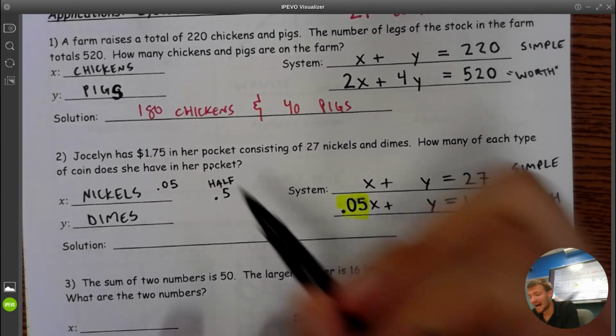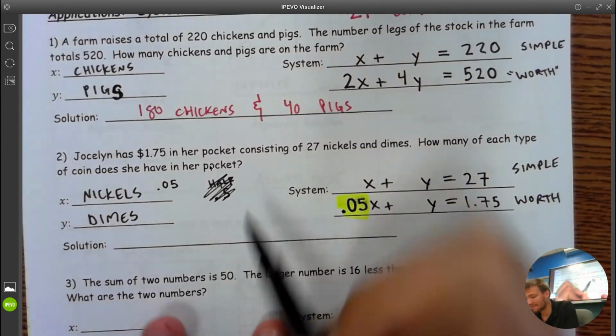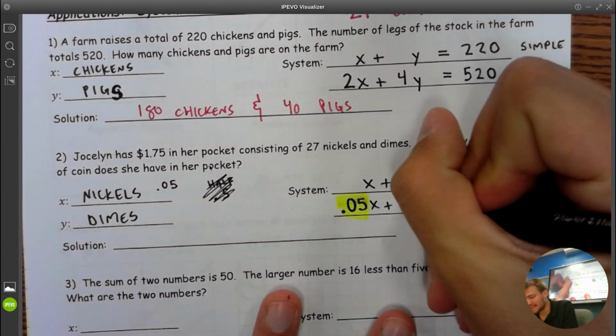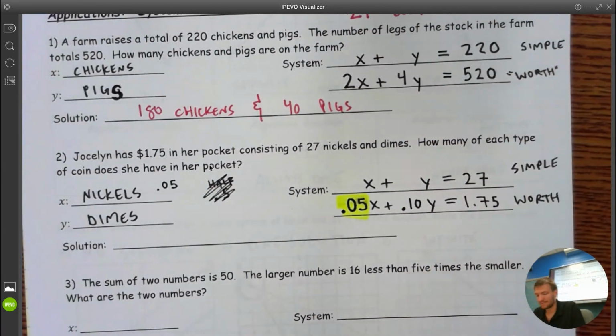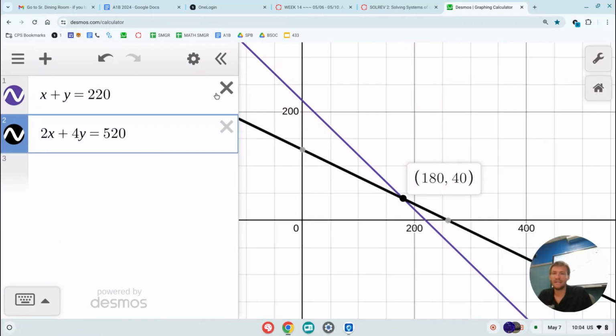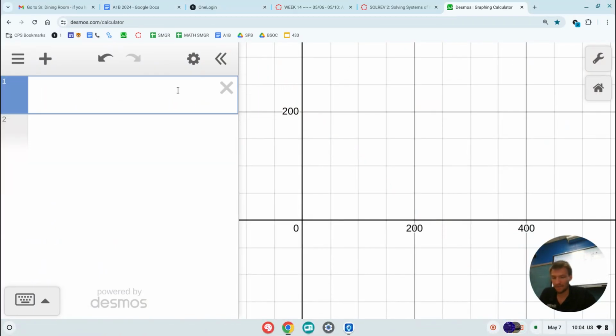So we are not going to do 0.5. We need 0.05. The dime is just 0.10. That one's pretty easy. It's always the nickel that throws people off. It's 0.05. And then we type it in, we get the answer.